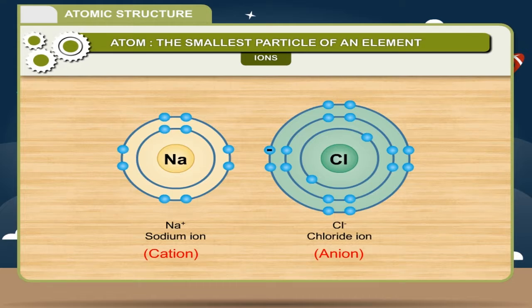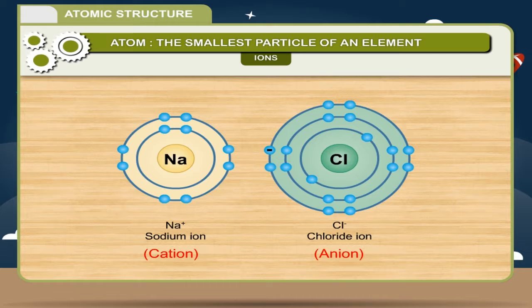By losing electrons, an atom forms a positive ion called a cation. For example, after losing an electron, a sodium atom becomes a positively charged sodium ion, Na+. In similar fashion, when an atom gains an electron, it forms a negative ion called an anion.